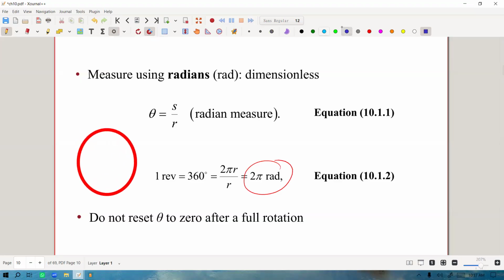If the particle moves, for example, from this angle counterclockwise and back again to this point, it means one rotation. So one rotation equals 360 degrees or 2 pi radians. Okay. So 2 pi r is the circumference of a circle, right?